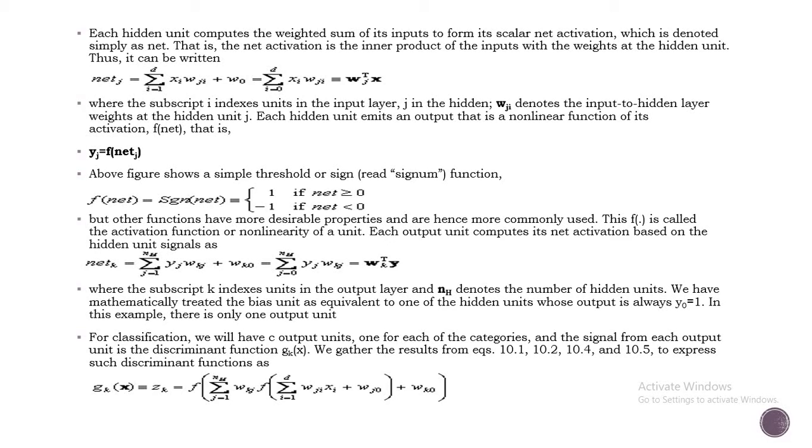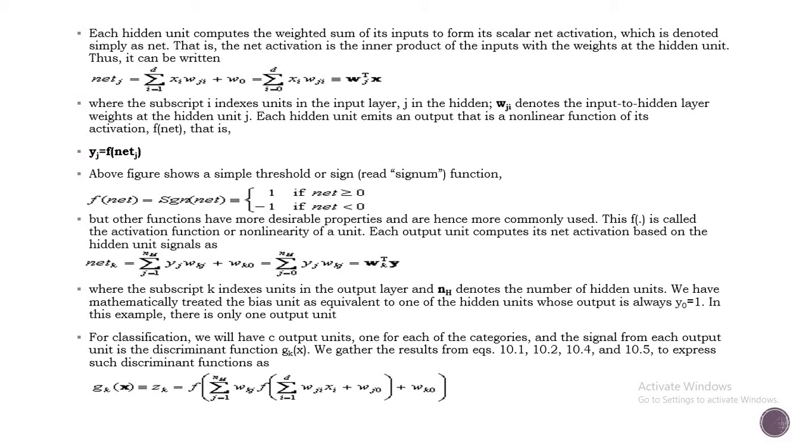We gather the results from the earlier equations to express such discriminant functions as g_k of x is equal to z_k is equal to f of summation j equals 1 to n_H of w_kj f of summation i equals 1 to d of w_ji x_i plus w_j0, plus w_k0.